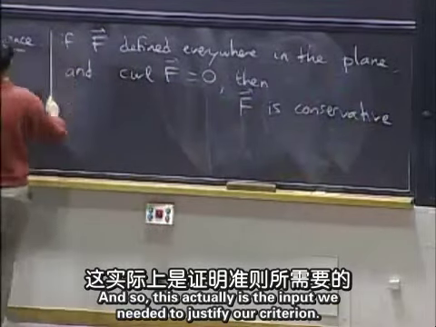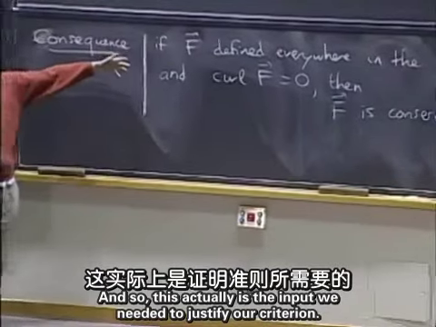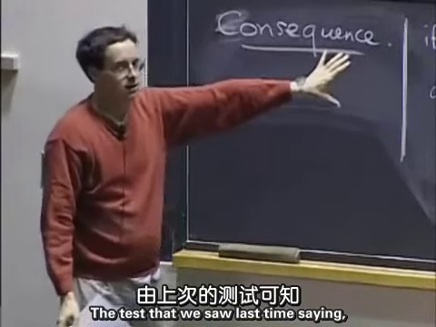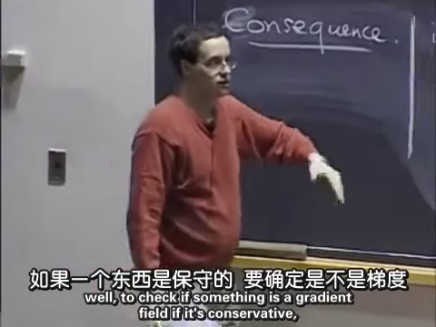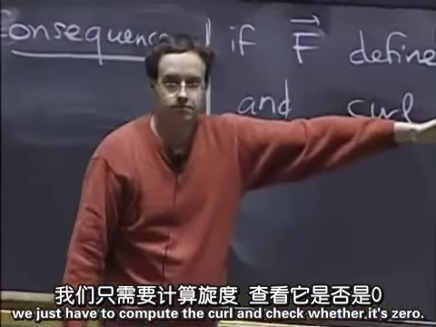And so this actually is the input we needed to justify our criterion. The test that we saw last time saying, well, to check if something is a gradient field, if it's conservative, we just have to compute the curl and check whether that's 0.